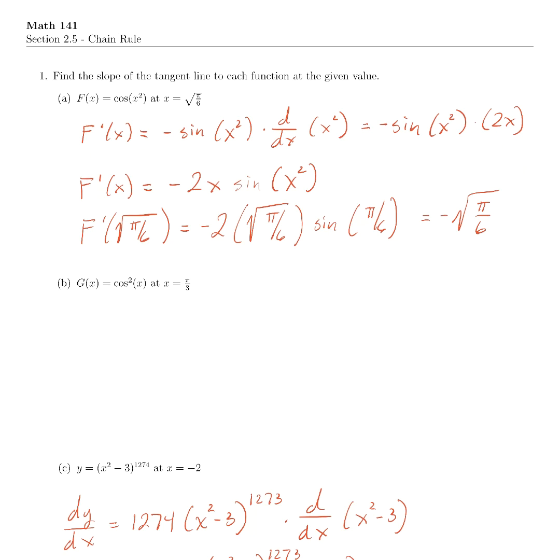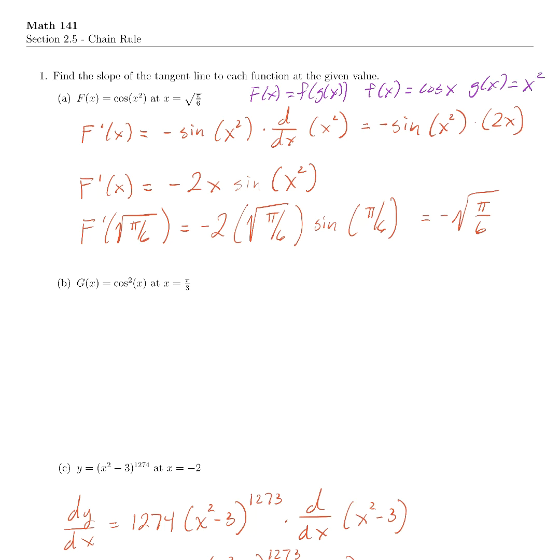The first problem says find the slope of the tangent line to each of the functions at the given value. Here the function capital F is cosine of x squared. If we write this function as a composition f of g, little f would be played by cosine and g would be played by x squared.